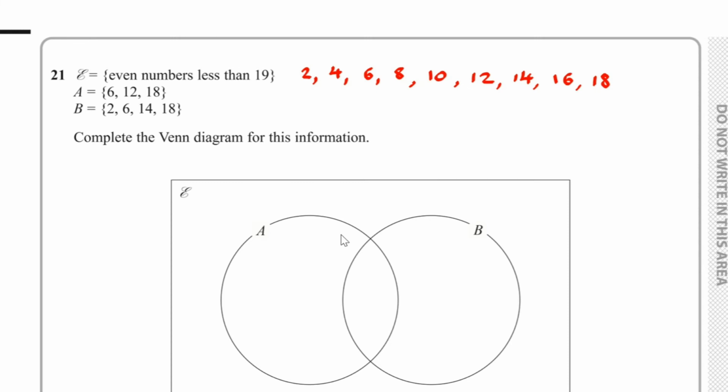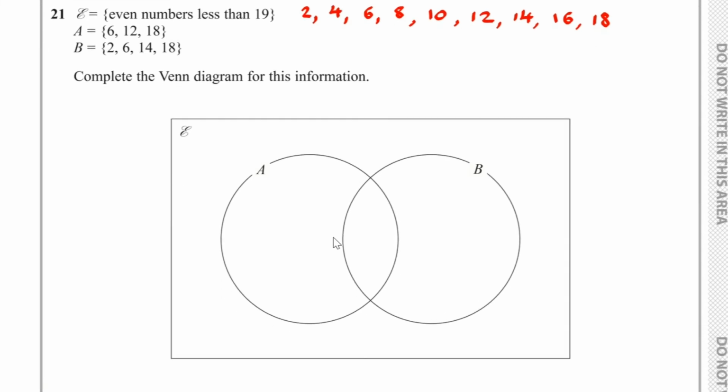So, first of all, we need to take a look at what belongs to both. Well, 6 goes in A and B, so we have 6 going in A and B. And we also have 18 in both A and B. So we have 18 in A and B. And so what goes in A only, that's 12.